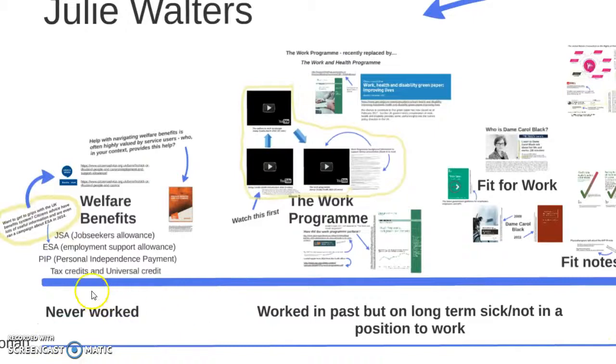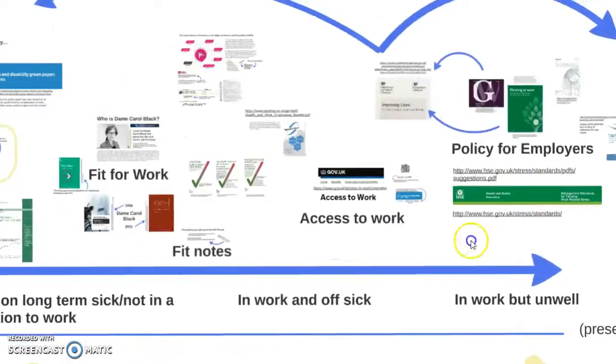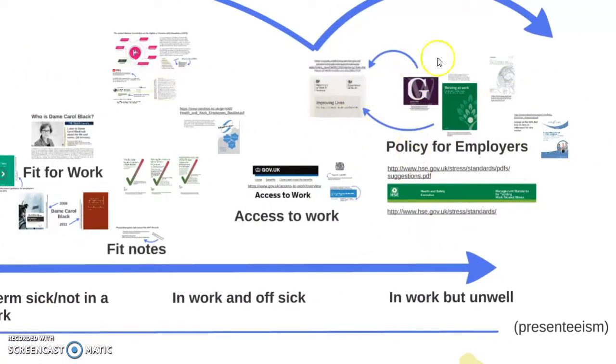So you can see at this end there's a lot around the benefits for people in the welfare situation. And it moves right up here to looking at things that are more relevant to employers and what the government is suggesting that employers need to be doing to support people in work.